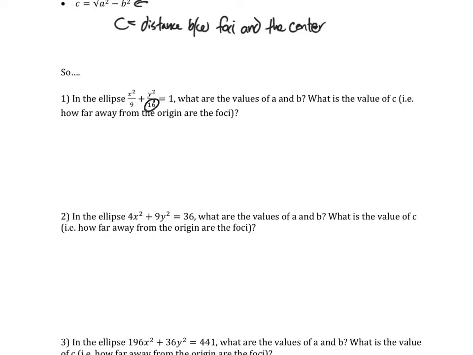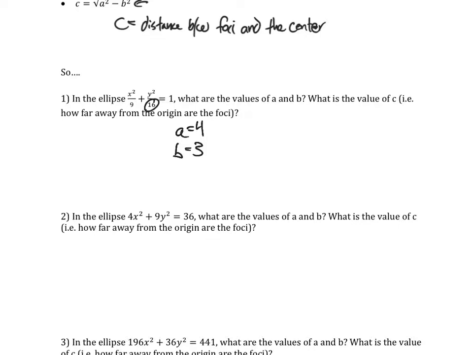The a value is always the larger of the two numbers. So if I know that 16 is a squared, that must mean a is 4. Must mean b is 3, since the number underneath the x squared is b squared. So I know this is a vertical ellipse with an a value of 4 and a b value of 3.